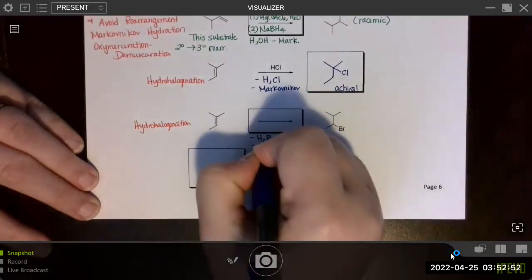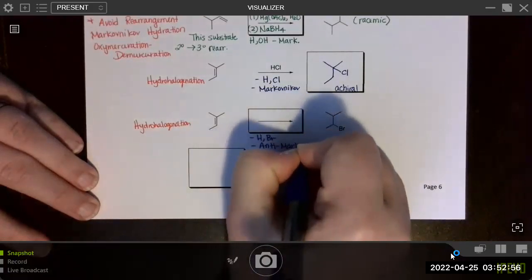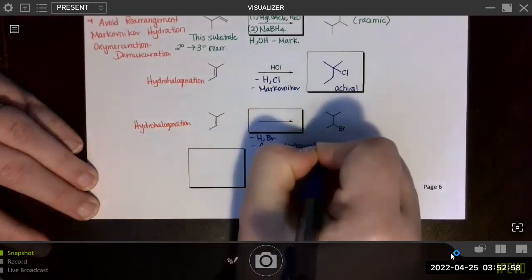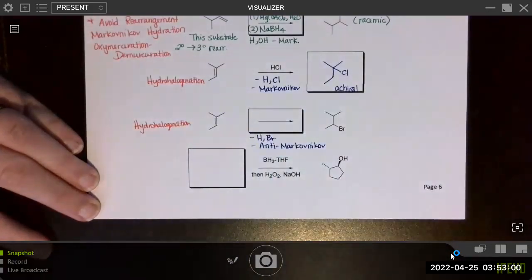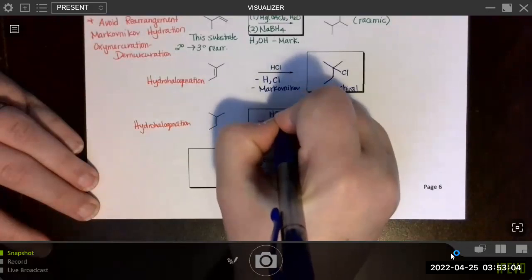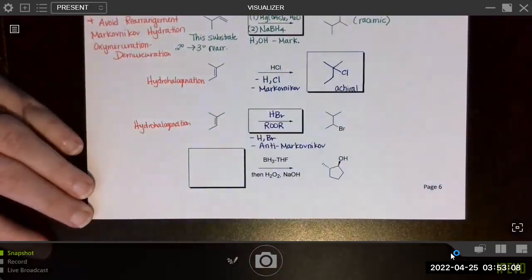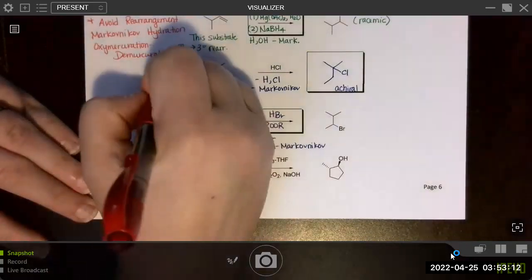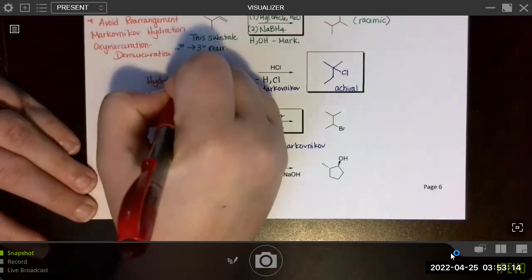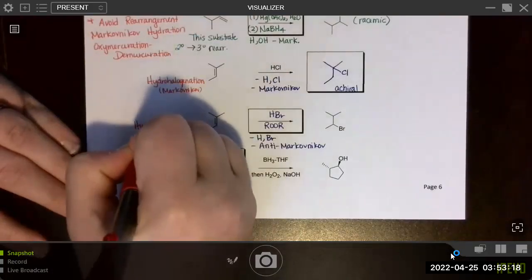But it looks like this one is going anti-Markovnikov because the bromine got added to the less substituted carbon. So in order to do that, we're going to use HBr and peroxides. So we'll make a little note. This one is Markovnikov. Anti-Markovnikov.